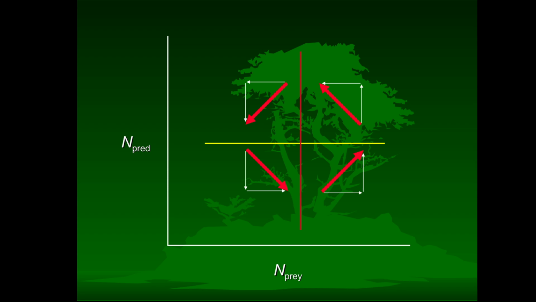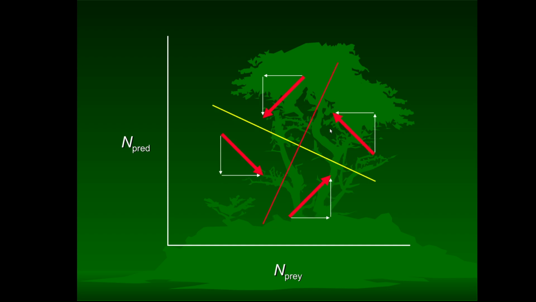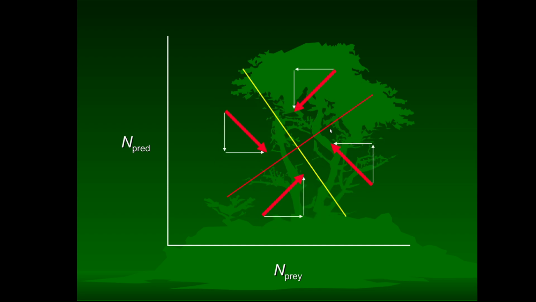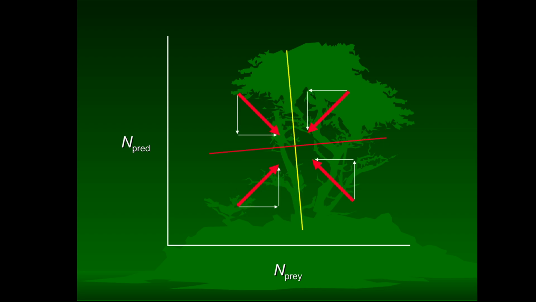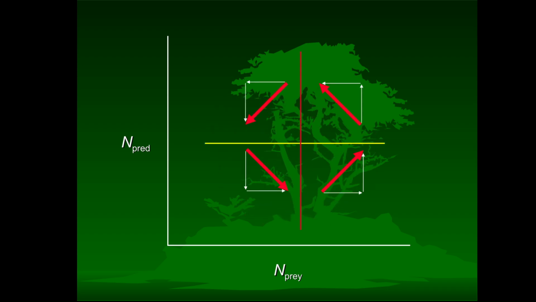So we start out with this permanent oscillation situation, and then watch as we rotate. The arrows get closer and closer and closer to pointing right towards the equilibrium point. So this situation here is a permanent oscillation. And in this situation, whether a species increases or not depends only on the other species.